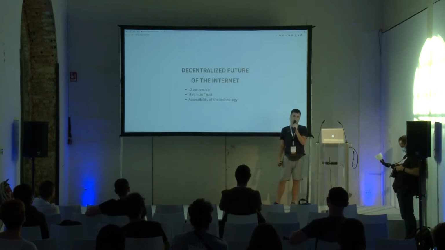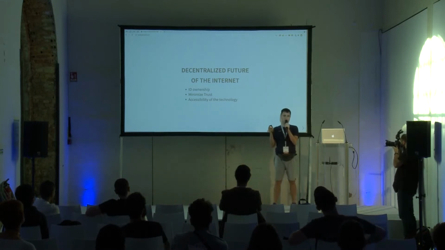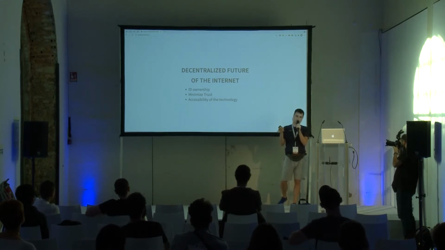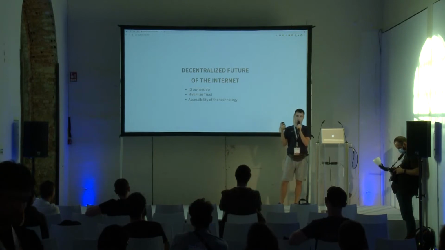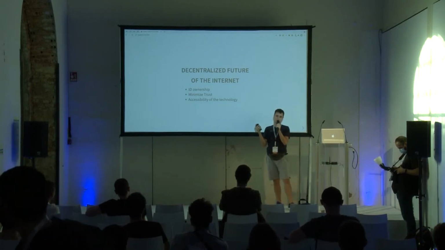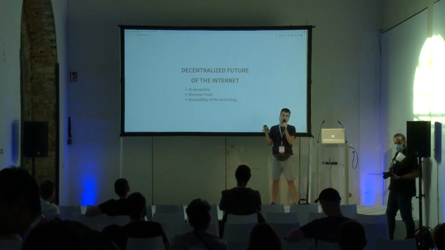Decentralized future, right? What things can be decentralized here? The first thing, very important, is to decentralize your Internet ID, your representation on the internet. Then minimize trust. You have to be able to read your data from anywhere, and then make the technology accessible.